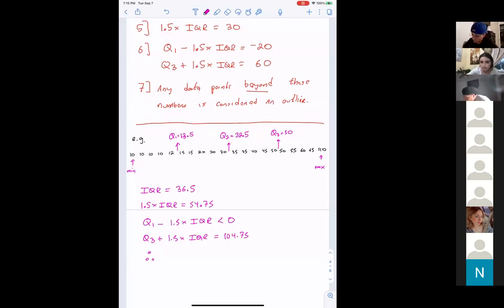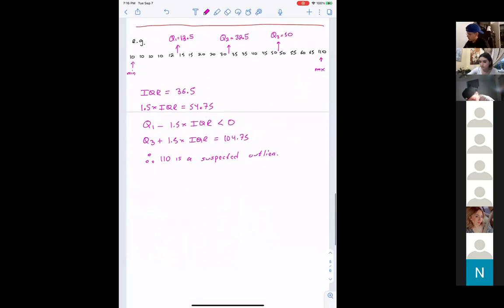Yes. Which one or ones? 110. So therefore 110 is a suspected outlier. Does that make sense? Everyone okay with that? Seems reasonable.